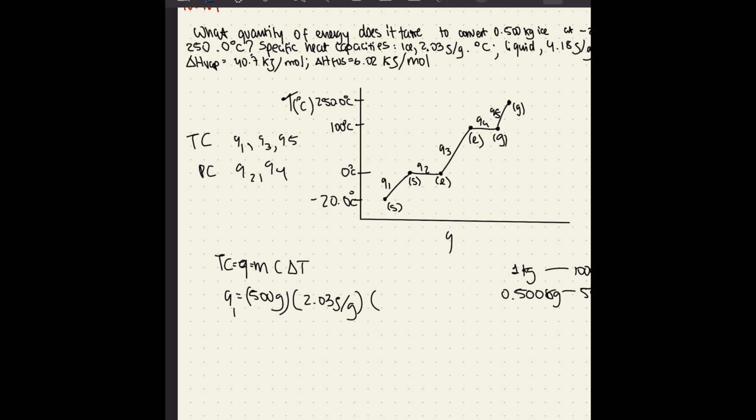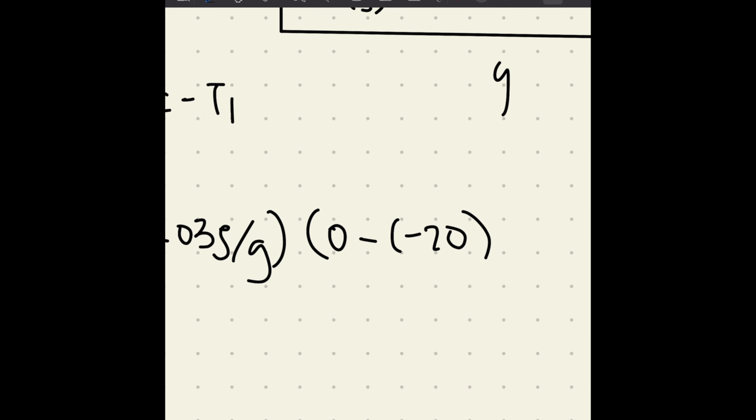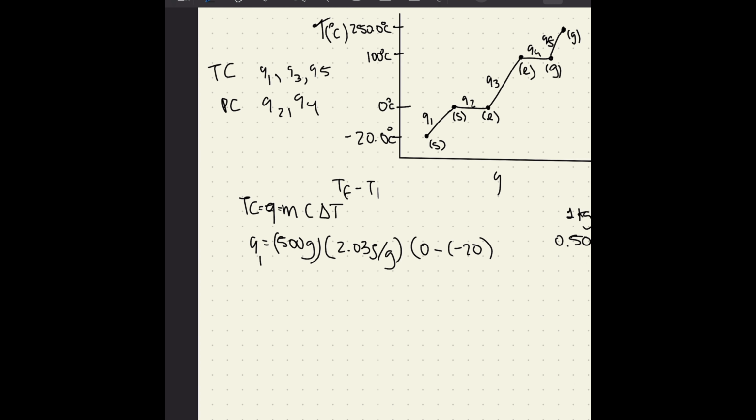So delta T. What is delta T? Delta T is T final minus T initial. So the T final here is going to be 0, though. But the T initial is negative 20, so it's going to turn positive since the negative changes the sign. So it's going to be positive 20.